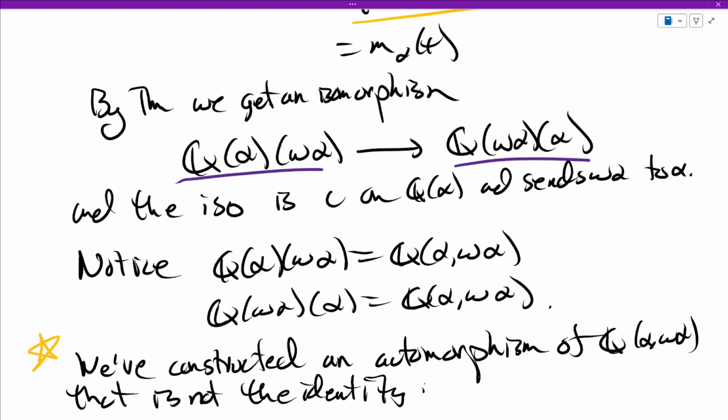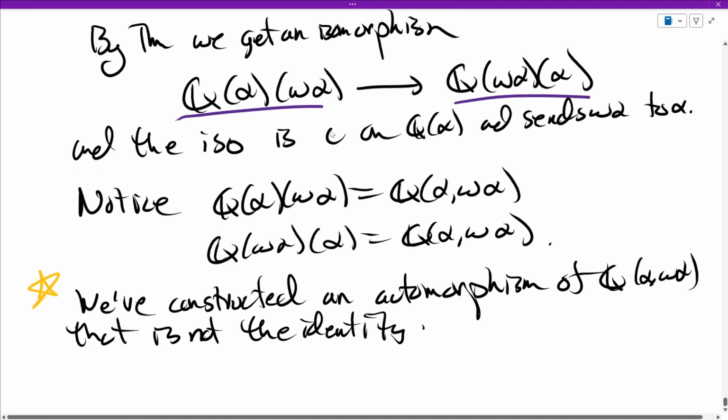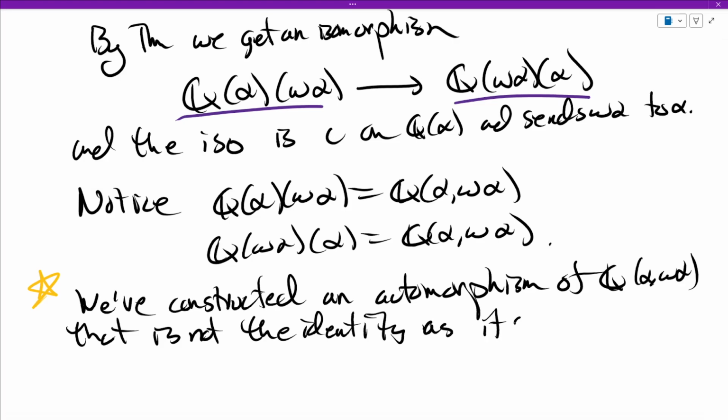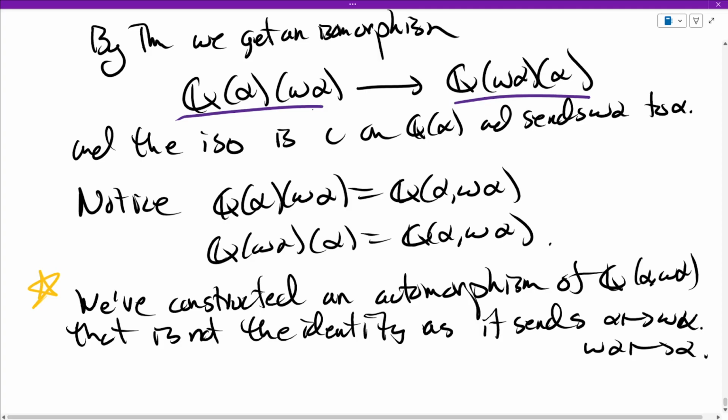It's a swapping function. It sends alpha to omega alpha and omega alpha to alpha. And this is going to later tell us we have a very interesting element of the Galois group of the field extension associated to t cubed minus 2. This example is amazing, incredibly important. Go back through this example a few times because it is kind of complicated.